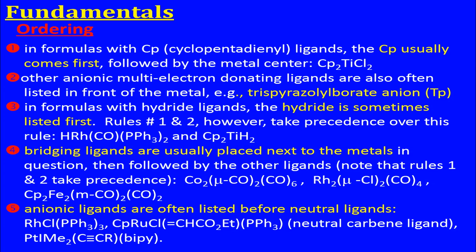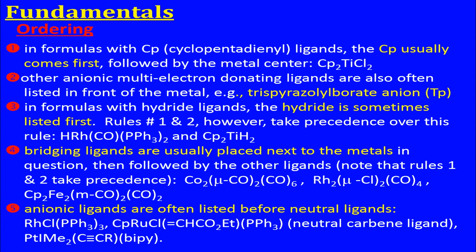After Cp, other anionic multi-electron donating ligands are also often listed in front of the metal. For example, the tris(pyrazolyl)borate anion, Tp. So if you have Cp, Tp, and metal, the structure is written Cp, Tp, metal.